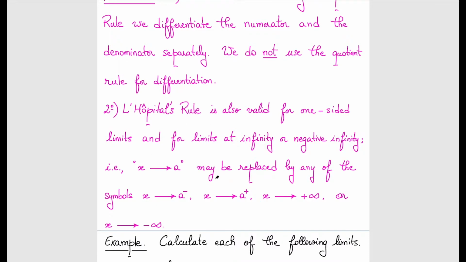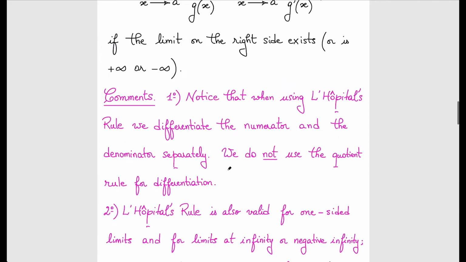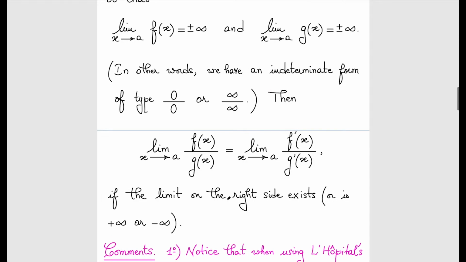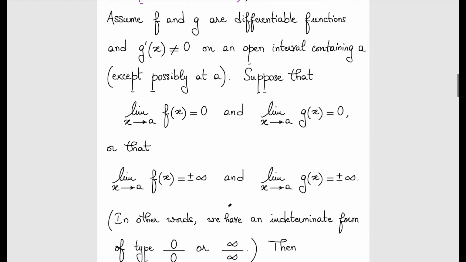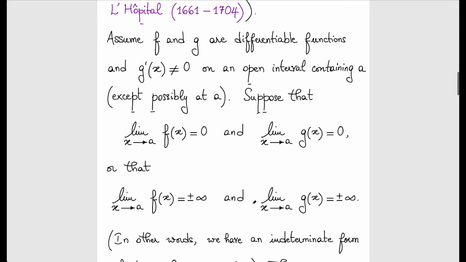We're not going to discuss the proof in this video about L'Hopital's rule, but I'll be very happy to discuss it with you if you contact me and if you are interested.